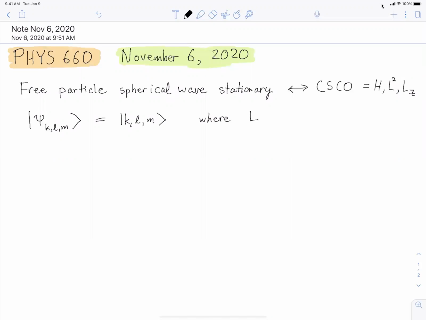Okay, so the energy eigenvalue is equal to h bar squared k squared over twice the mass. So what that means is you can always interchange the energy label for the k label or vice versa. So can interchange E for k.